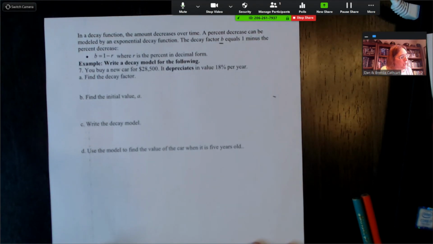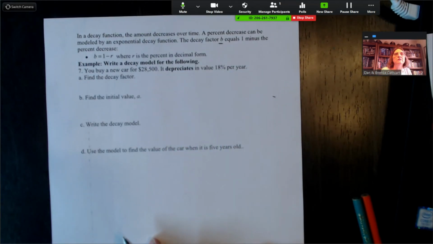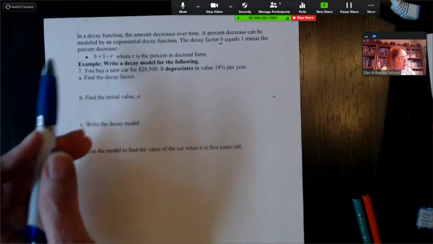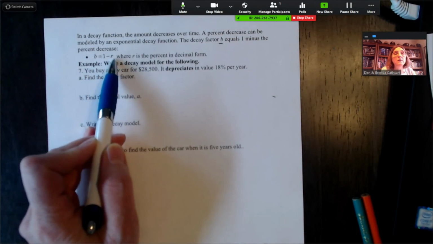We want to write a decay model for the following. You buy a new car for $28,500. It depreciates in value. That means the value goes down 18% per year. And we want to find our decay factor. Well, our decay factor is b, and that's going to be equal to 1 minus r.